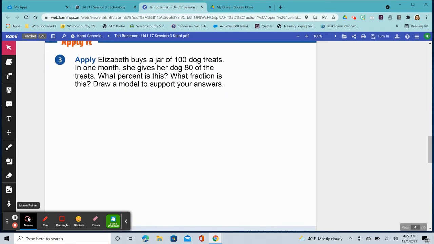Number 3. Elizabeth buys a jar of 100 dog treats. In 1 month, she gives her dog 80 of the treats. What percent is this? What fraction is this? Draw a model to support your answer. So if she gave her dog 0 treats, that would be 0%, right?